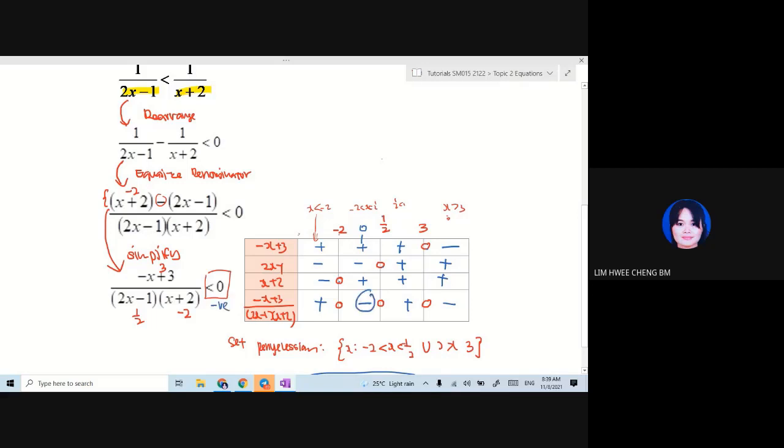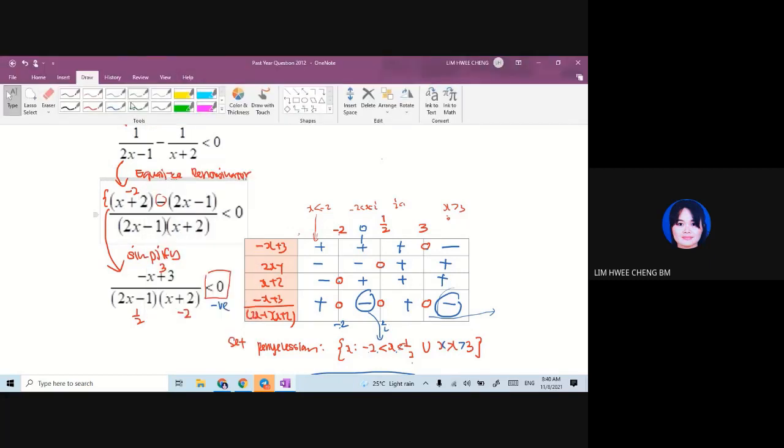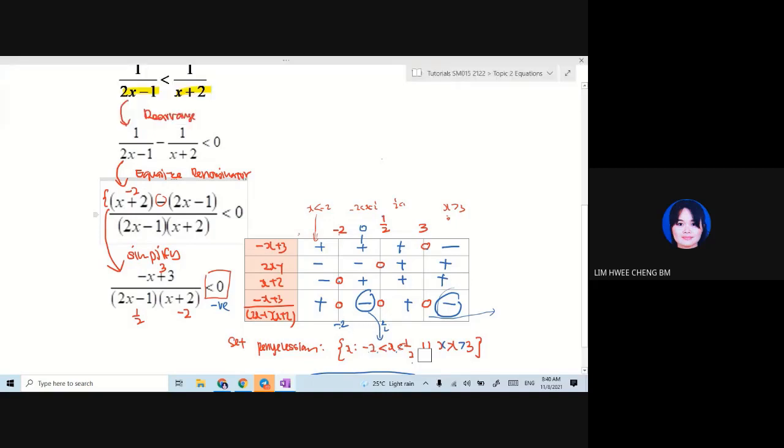Finally, I'm going to choose the region which is negative. So I circle it out. Then only I write: this region is in between minus 2 and 1/2. That's why x is greater than minus 2, less than 1/2. This region, maksudnya ini ke atas, so it should be x is greater than 3.